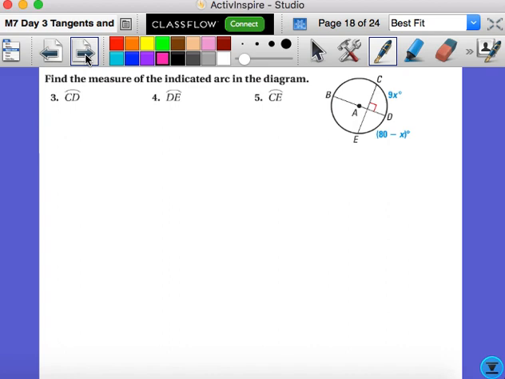So with that, since we see that we've got a 90-degree angle interacting with the diameter, that tells me that this arc is the same as this arc. So 9x should equal 80 minus x, which tells me that x is 8.